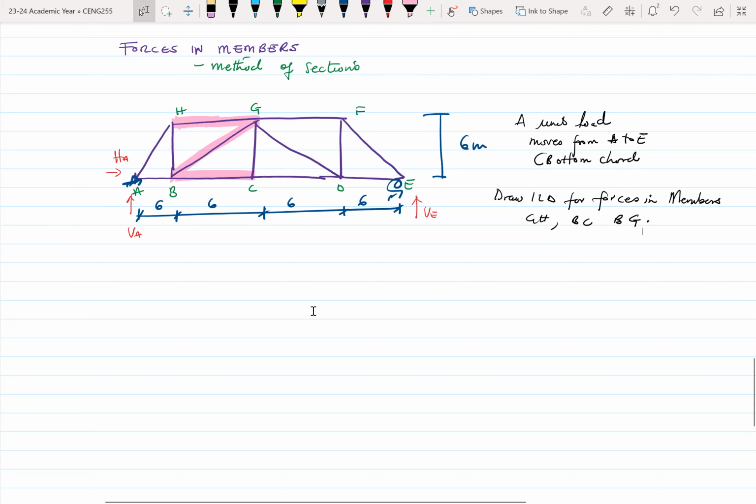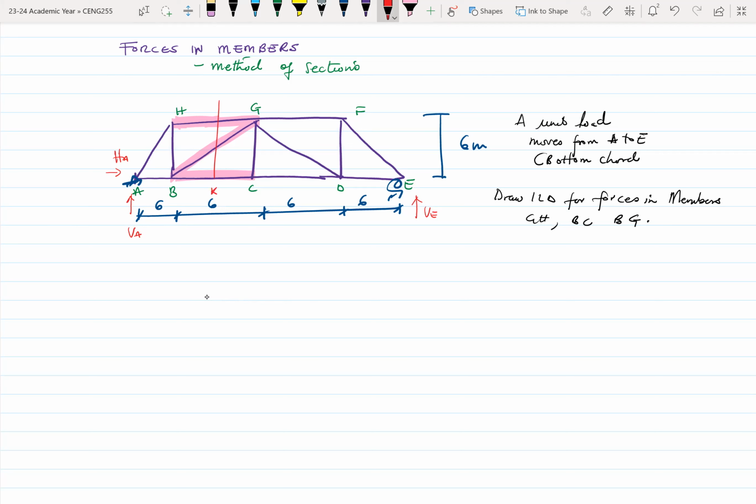All right. And the method of sections is used where you are looking at just a few members of the truss and not the entire truss system. All right. So to do that, we cut a section. Let's call that section KK.